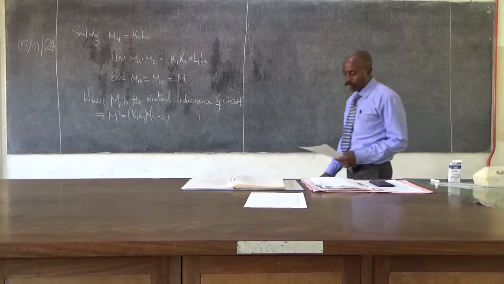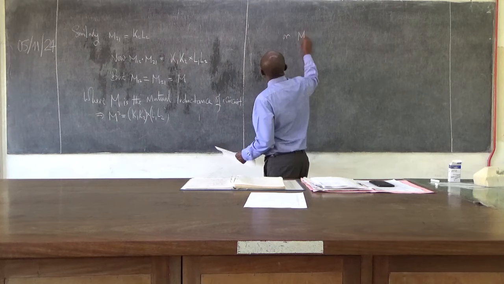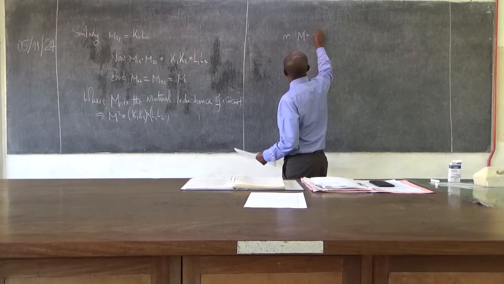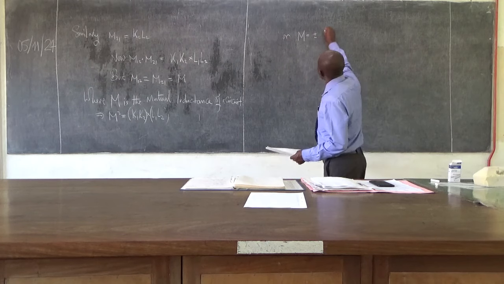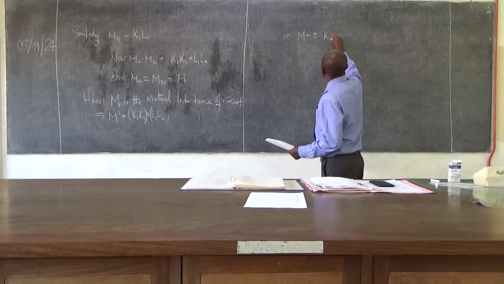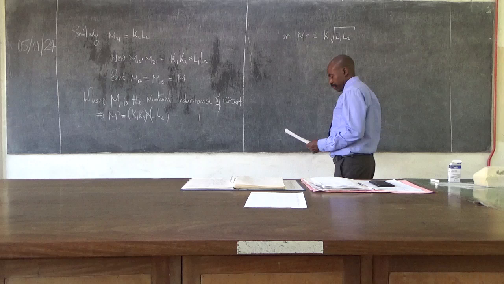Or we could take the square root of both sides and have M being the same as either plus or minus K root L1 L2.